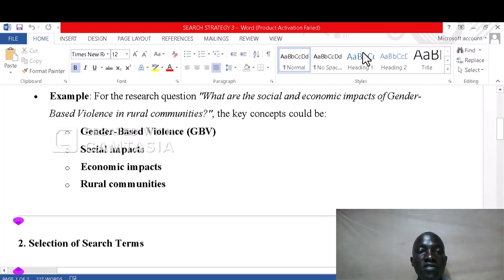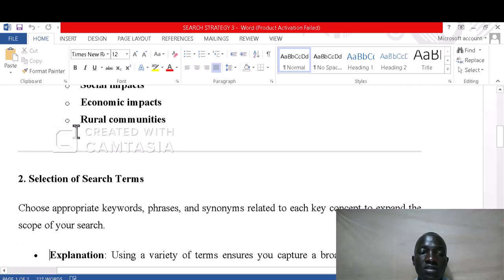For example, if you have the question: what are the social and economic impacts of gender-based violence in rural areas? The key concepts here are gender-based violence (GBV), social impacts, economic impacts, and rural communities. These are the key concepts we have identified.